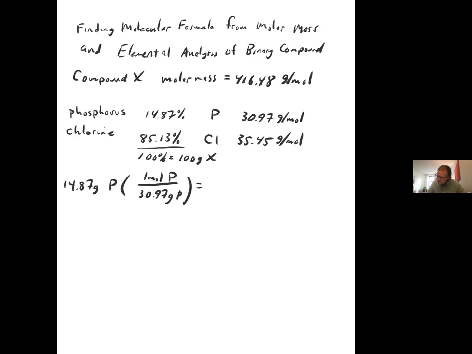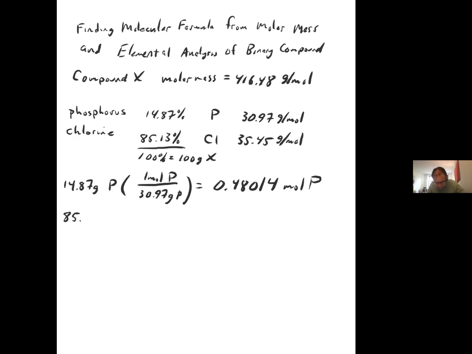So 14.87 divided by 30.97, 0.4801. Now, actually, I got to keep one more digit, right? Because they gave us 4 sig figs in the measurement. So I'm going to keep one more. So that'd be 5. That's interesting. And then same thing for chlorine, 85.